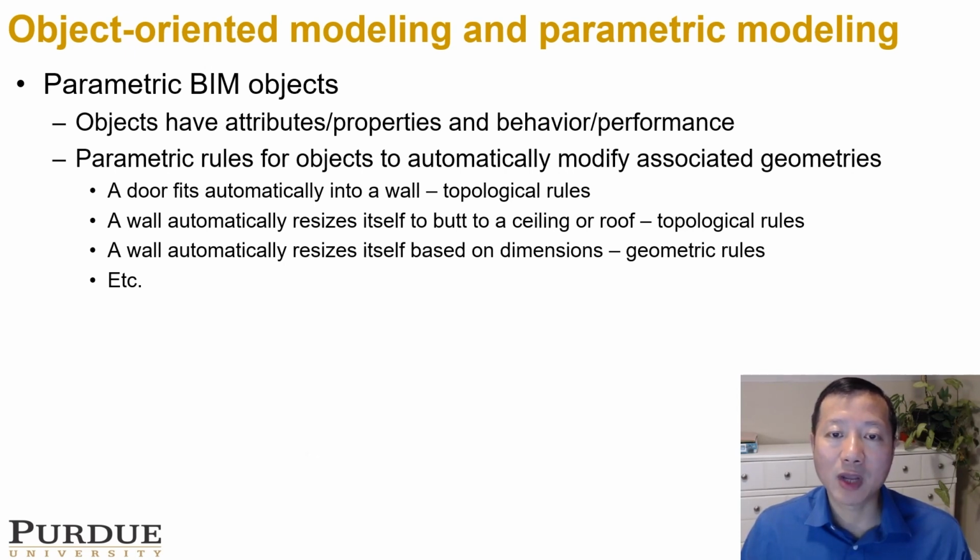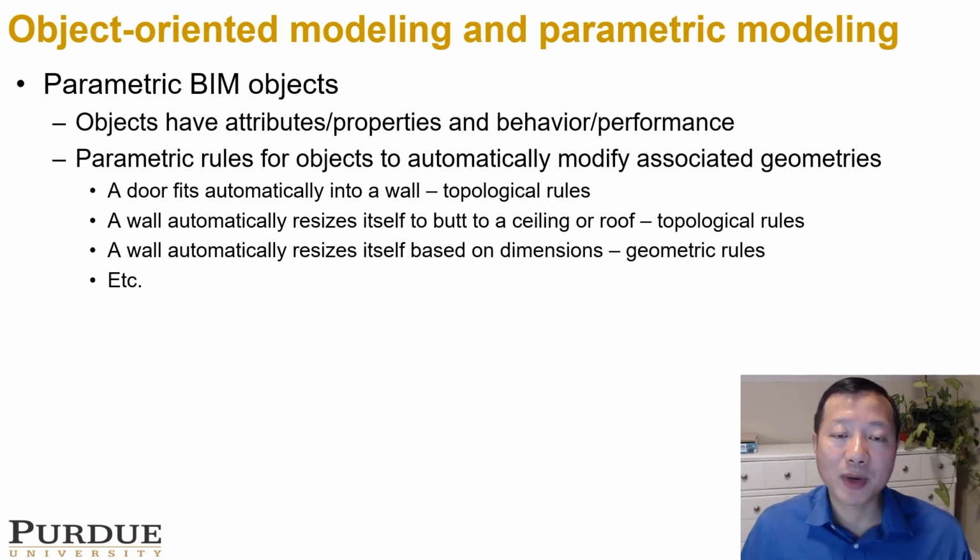As a human, we have attributes, properties, for example, your height, your weight, your eye color, your hair color, and so on and so forth. But you also have behavior and function, right? So you eat, you sleep, you walk, you study, you learn, and the list can go on. BIM objects are intelligent objects. They can do similar things.